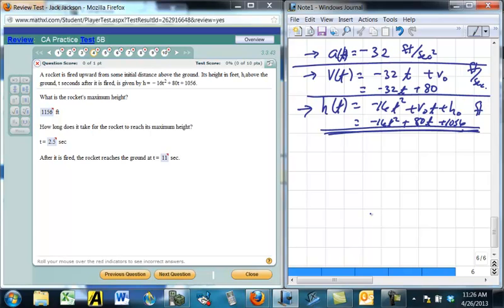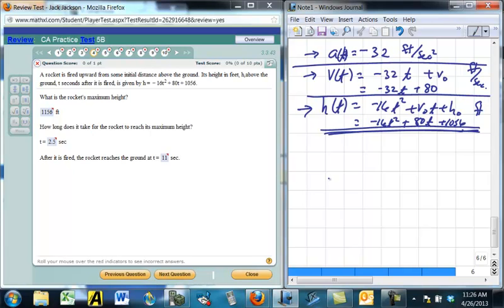It starts at 1056 feet above the ground, is shot up at 80 feet per second, and then it flies up, maxes out, and comes back down and hits the ground. So it starts at a height above the ground, goes up, and then comes back down.